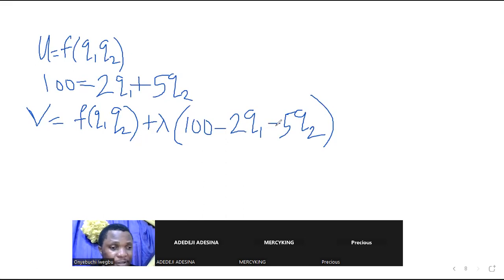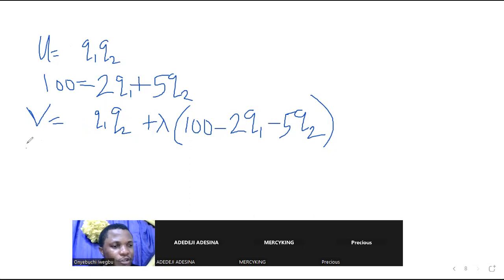It's minus, minus. But note that the function is not implicit. Please take note. This function is not implicit. It's just Q1, Q2. There's a difference between that and this. So the function is not implicit.